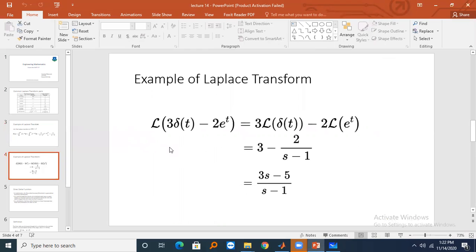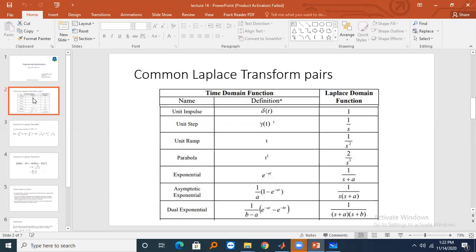So now we will do another example of Laplace transform: Laplace transform of 3 delta t minus 2 e to the t. We'll just separate these two functions and then apply the Laplace transform. So the Laplace transform of delta t, from this we can get that it is 1.